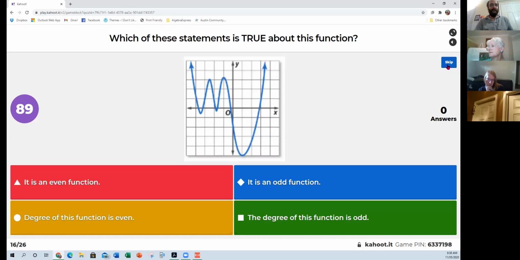Which one of these statements is true about this lovely function?